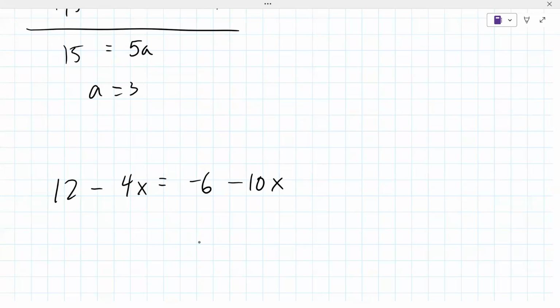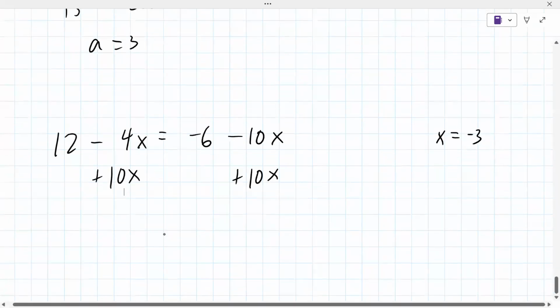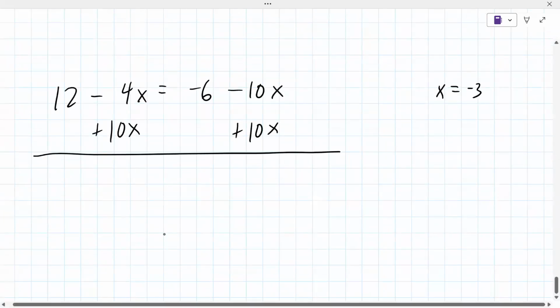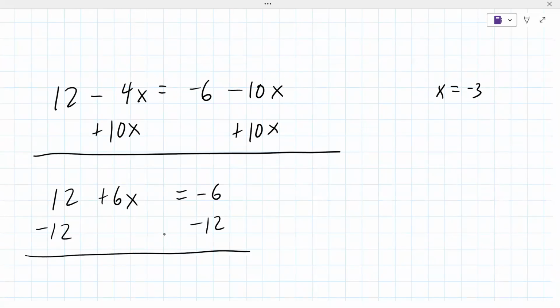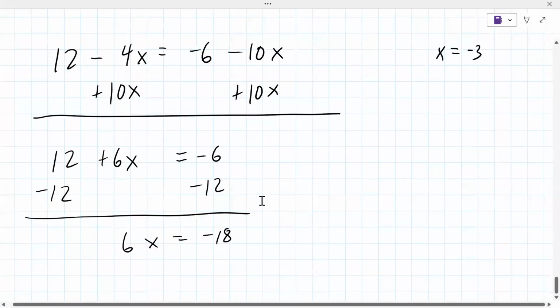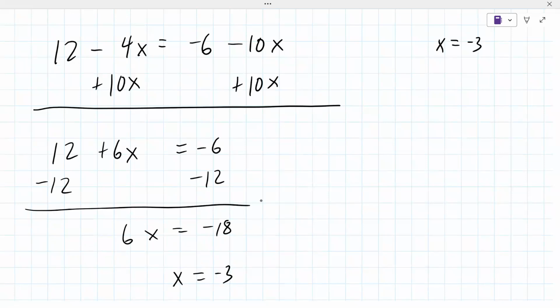X equals -3. All right, so did you add 10x to both sides? Oh, oops, I added 4x. Okay, now that still works, but this is the preferred way. So I'll show you the preferred way. 12 plus 6x equals -6. Then you would subtract 12 from both sides. You'll see that you do get the same answer if you do them all correctly. X ends up equaling -3.